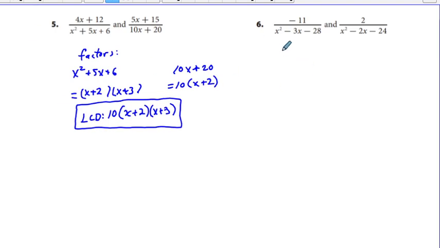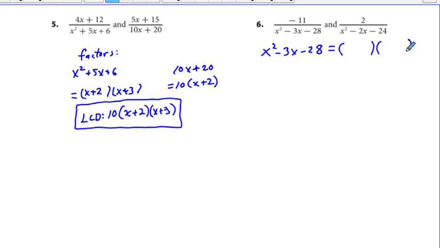Here we have, again, we're still finding the least common denominator. So we have x squared minus 3x minus 28. And what is that going to be equal to? Well, we're going to try to factor that.